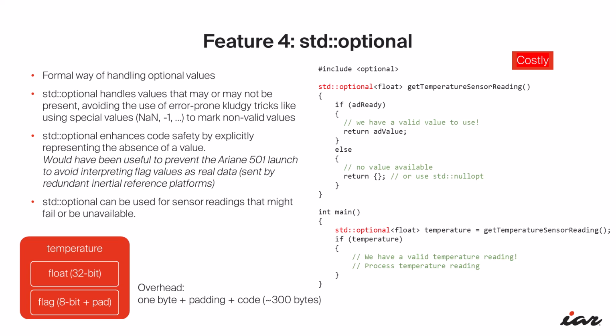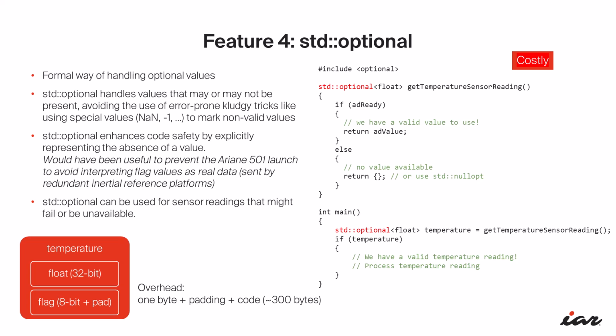But instead of detecting that they were out of range in this case, the main computer decided that, okay, it must be real data. So it started acting on the sensor values as real data, and that ended up with a disaster where the rocket self-destroyed because of this interpretation.